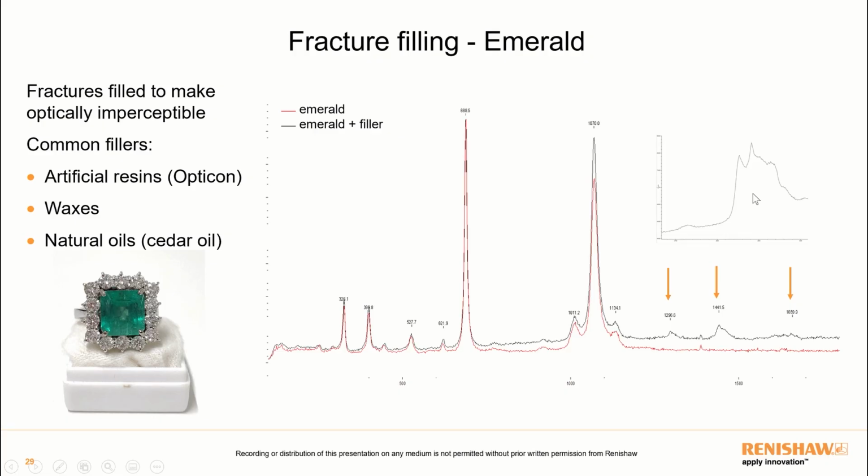I also report here the Raman spectrum of the CH stretching region for this particular case. The presence of moderate intensity features in the aliphatic spectral region and the poorly structured features at 2900 Raman shift indicates the use of a natural oil, probably a cedar oil for this case.